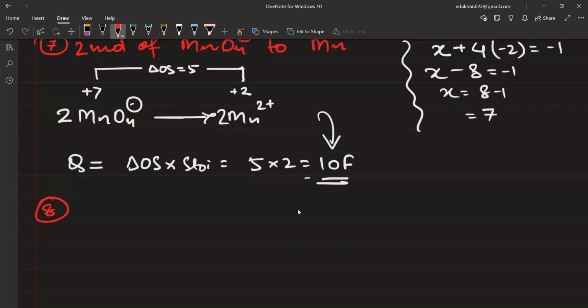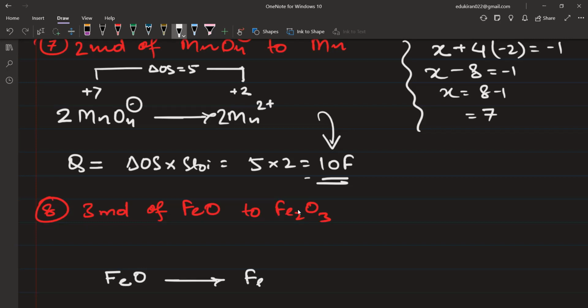Let's suppose we have 3 mole of FeO to Fe2O3. So we are going from FeO to Fe2O3.